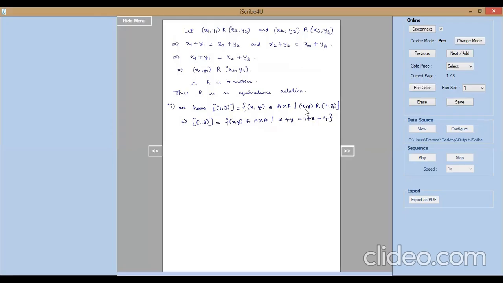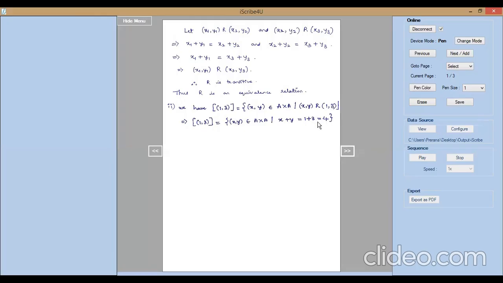If x1, y1 is related to x2, y2, then we can write x1 plus y1 is equal to x2 plus y2. So the same thing is added on the left hand side and the right hand side. So 1 plus 3 is 4.